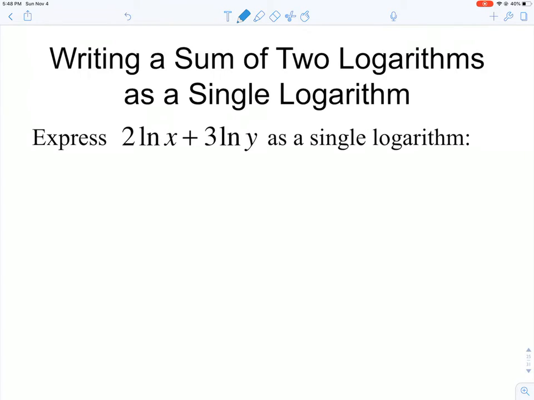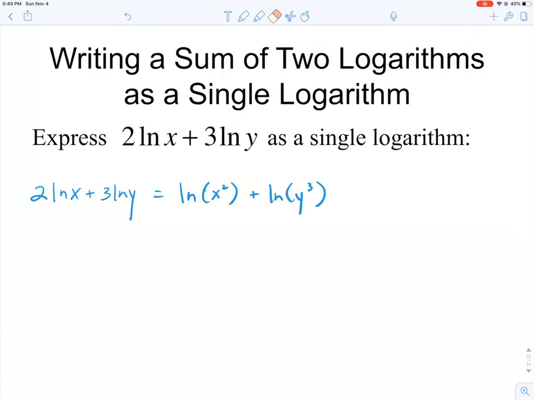Okay, so let's rewrite the sum of two logarithms as a single logarithm. So first let's unplug each of those logarithms. So I'll have ln of x squared. In class they asked me about when to write the parentheses around the argument.